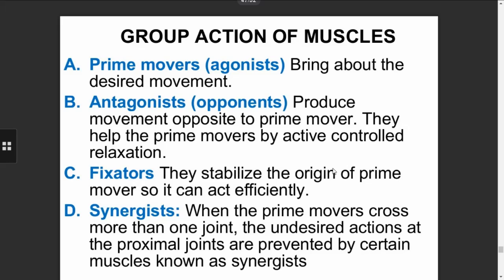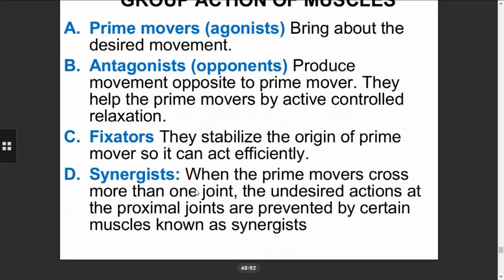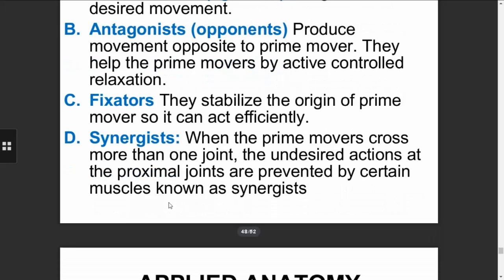Fixators, they stabilize the origin of the prime mover so it can act efficiently. Means these muscle fibers will stabilize the origin of prime movers, they will hold up the prime movers so they can act efficiently. Synergists are the prime movers which cross more than one joint.